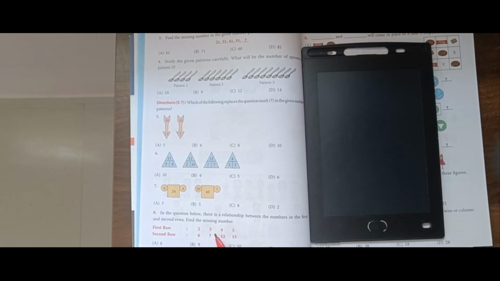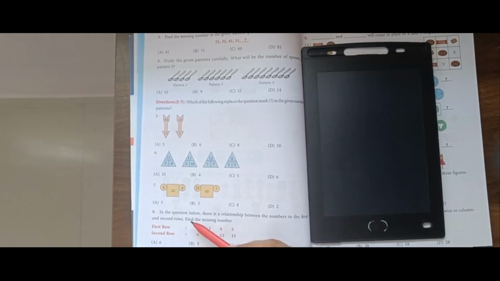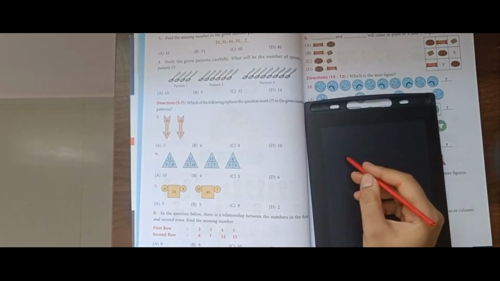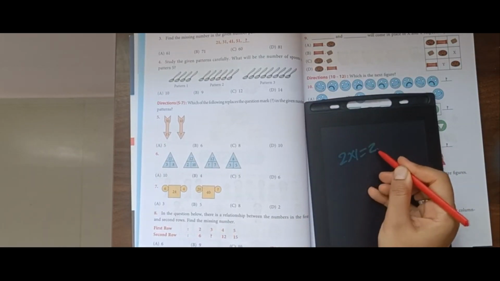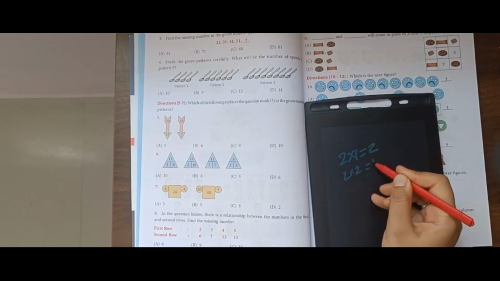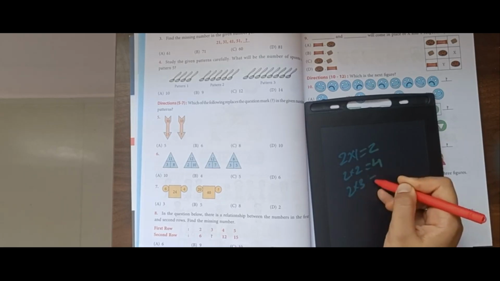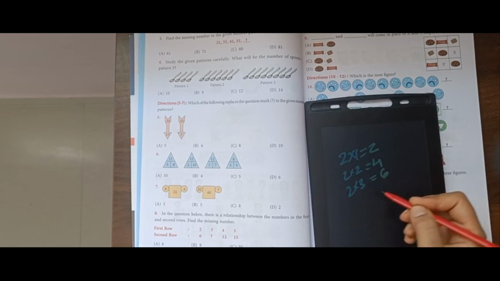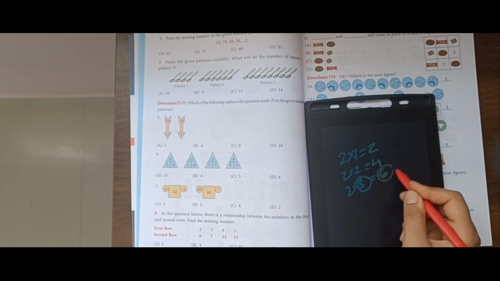If you can see in the first row, we have 2 multiply 3. In 2's table, 2 multiply 1 is 2, 2 multiply 2 is 4, 2 multiply 3 is 6. So in 3 times it gives 6.